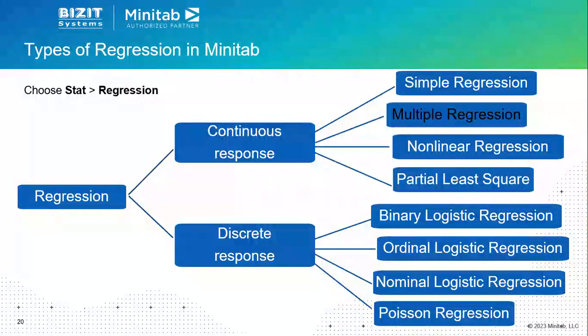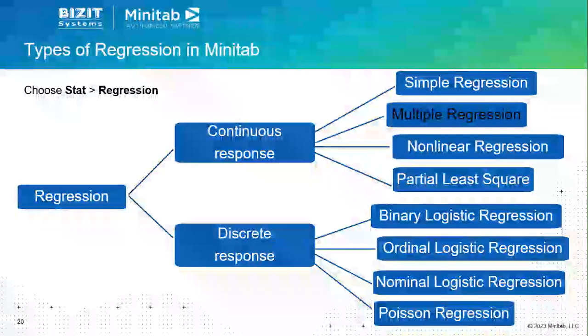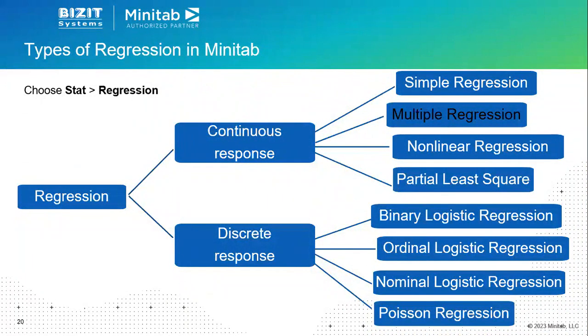But in regression, we have a lot of types, since we face different problems. The first thing is to look at your response, your measurement, such as strength, length, or whatever.